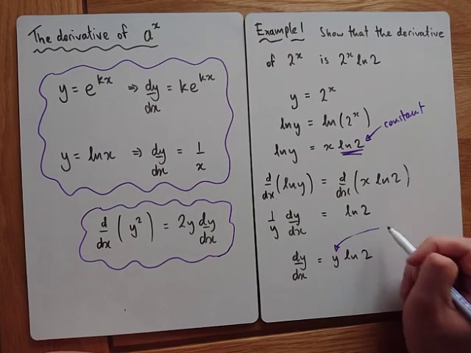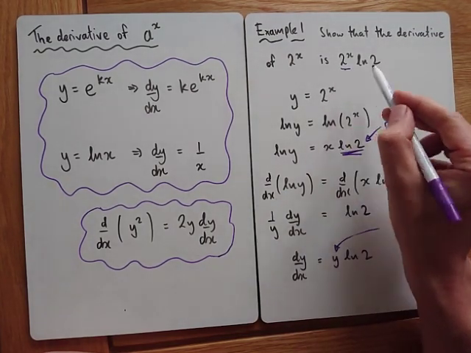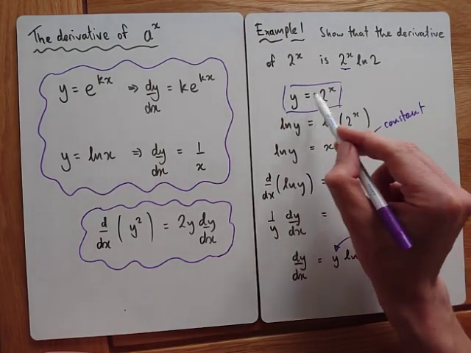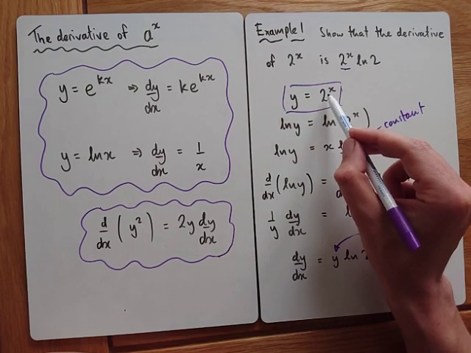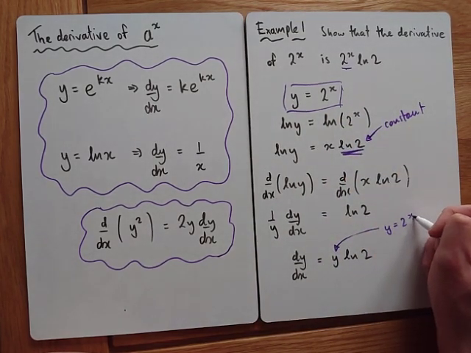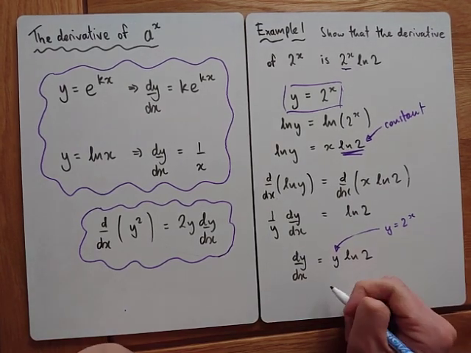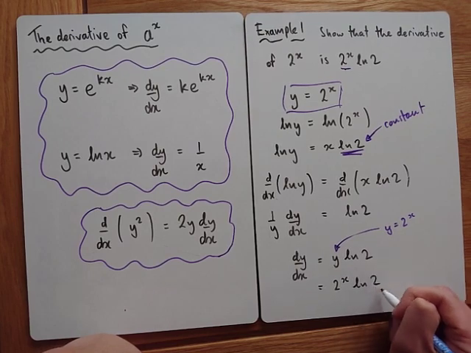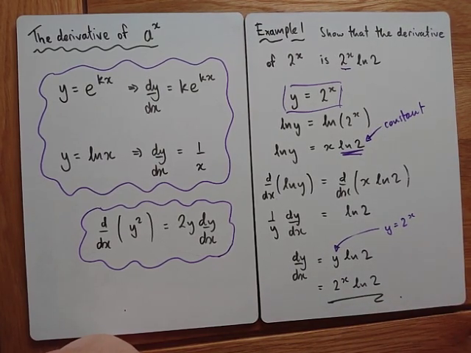We need to link it back to the world of x. And literally that's all we need to do is look at the original question that we wrote. We said, well, y is just the same as 2 to the x. So this would give us our result. 2 to the x ln 2.